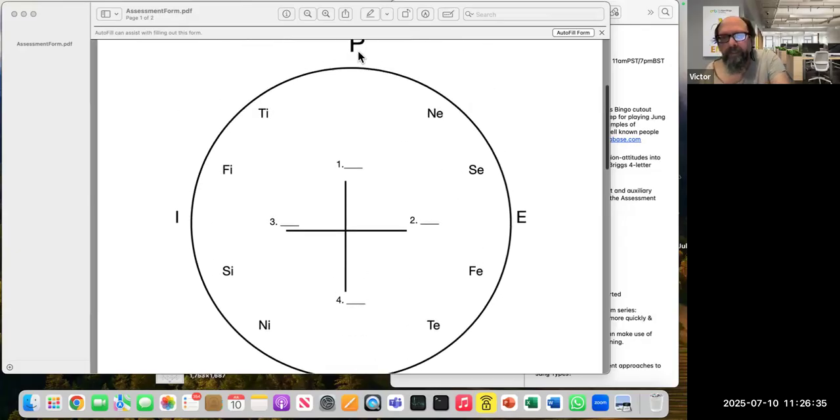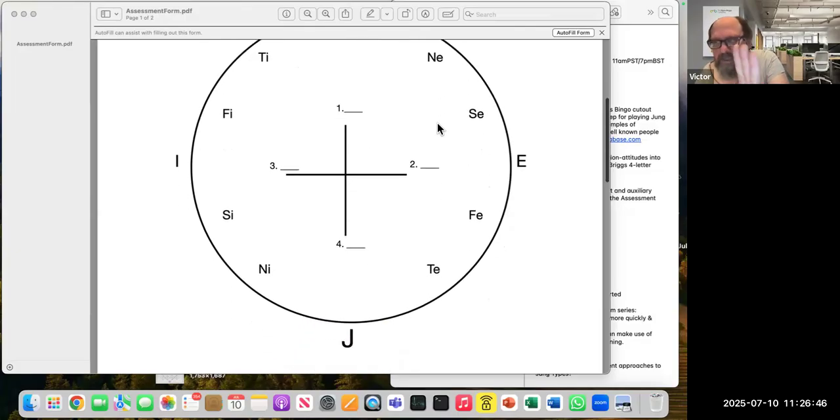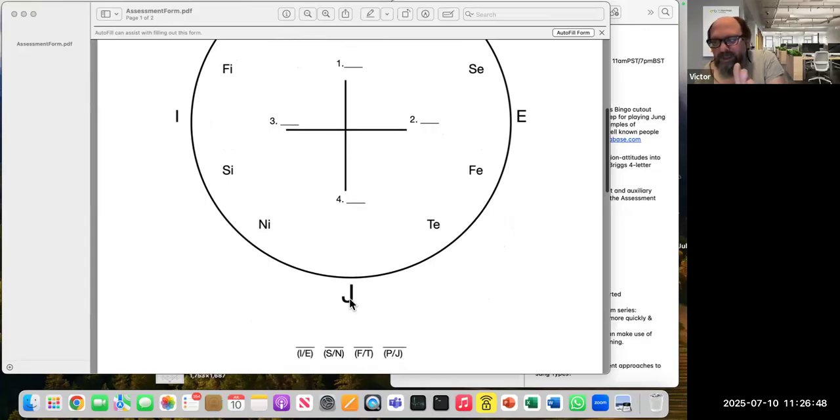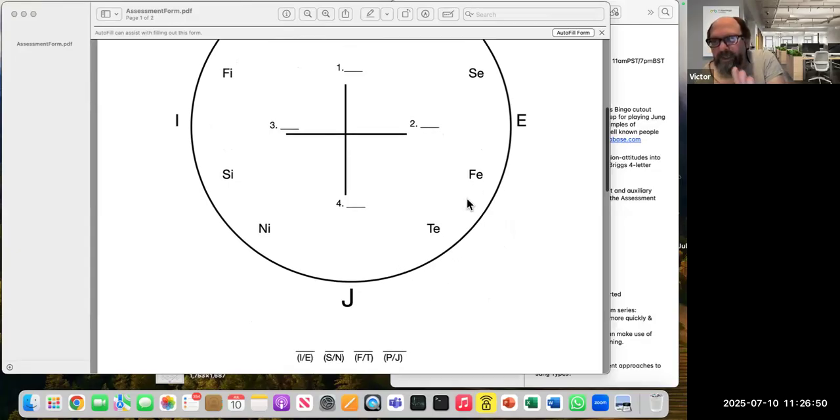If it's P, it's the irrational function: either SE or NE is going to be in the first or second position. If it's J, then either TE or FE is going to be in the first or second position. That's actually what that P and J means.